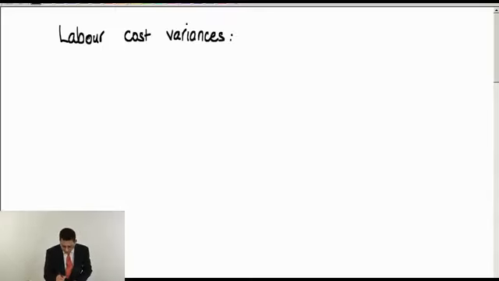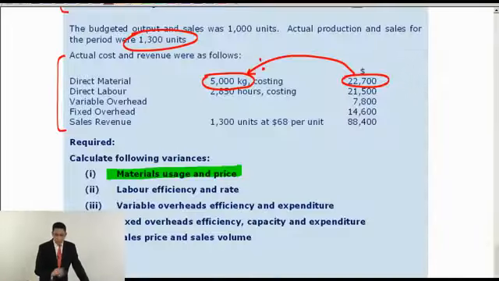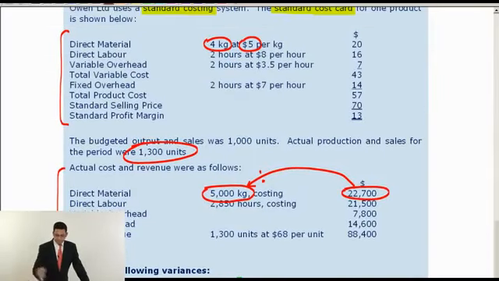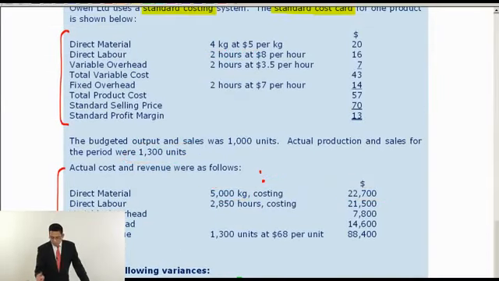First of all, we develop the first line, which is for the standard results or standards, and the last line reflects actual results or actuals. And for the labor, if I go back to the information again, this time my whole focus is on the labor. As per direct labor, I am given that one unit will take 2 hours to produce and we will pay $8 to the workforce.